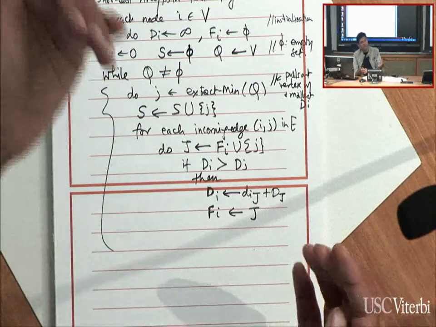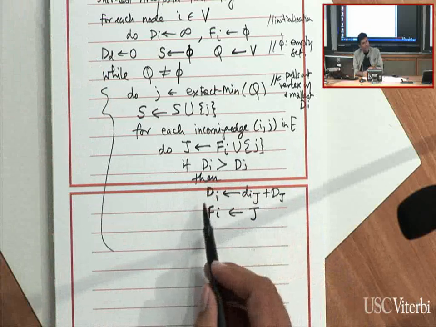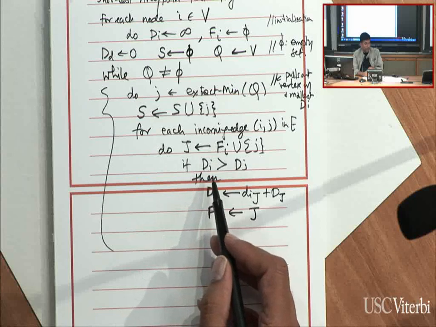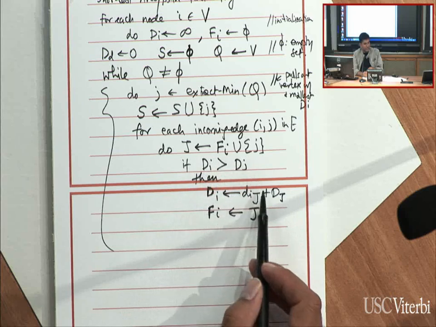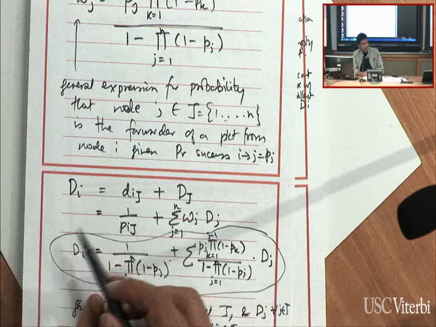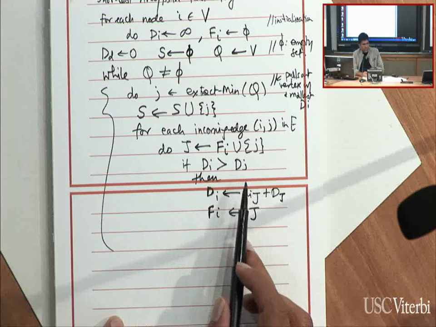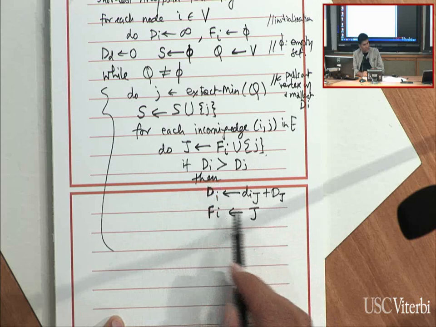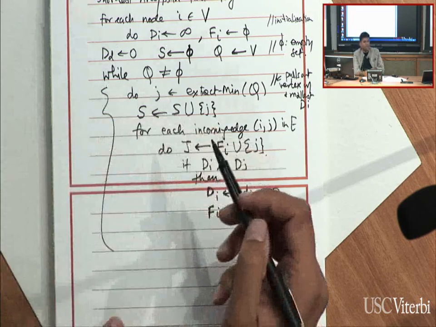If it makes sense, which is this condition, then we update the calculation for di. You can prove that this calculation will actually reduce di, since this condition holds and dj is smaller. By adding an additional term which is smaller than your original value, you'll reduce di. So it makes sense to treat j as a forwarding neighbor. We update the distances for i to take into account this node, make j part of the forwarding set for i, and then continue.